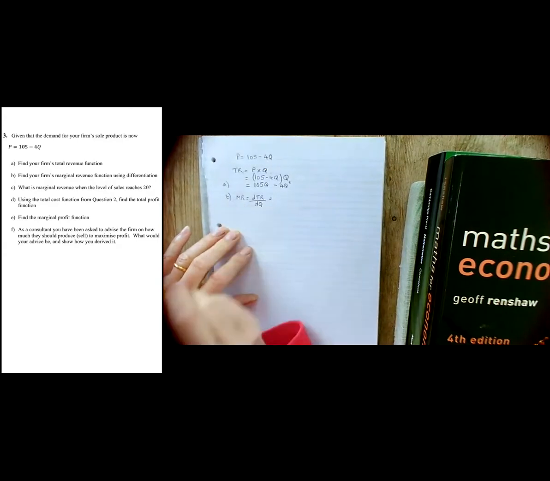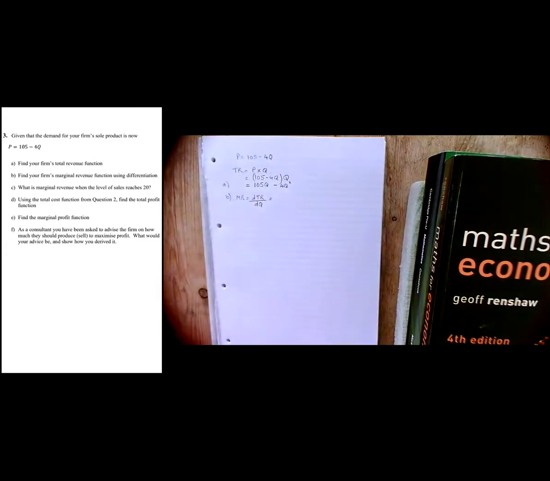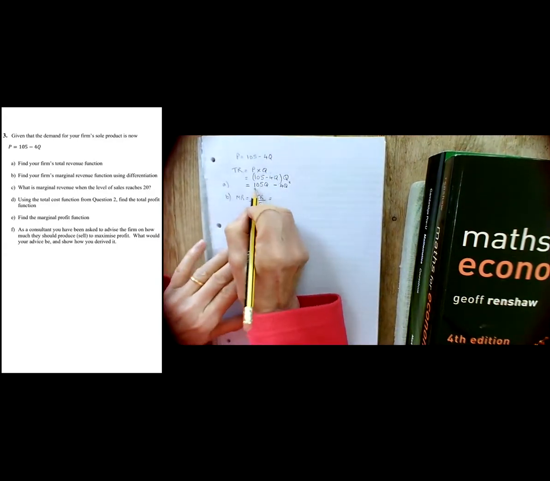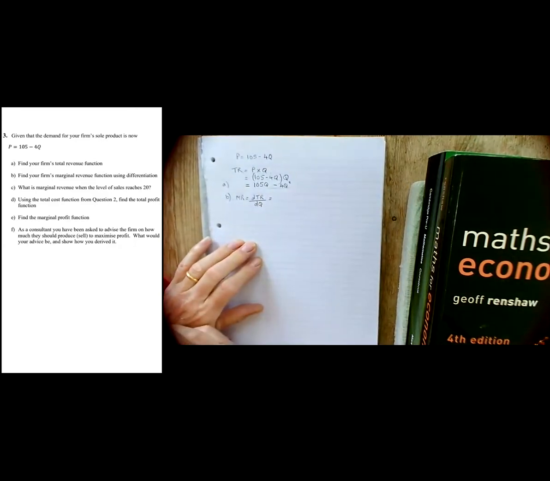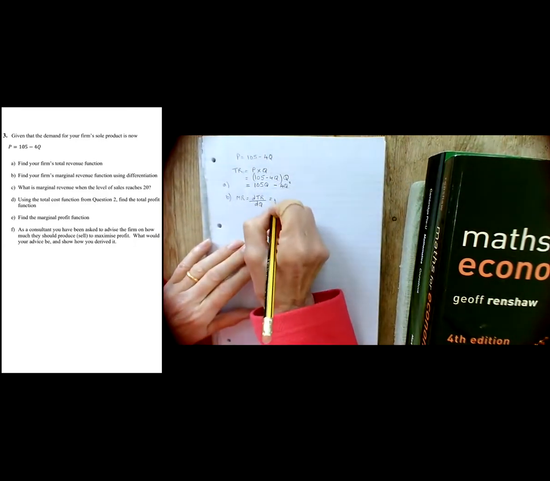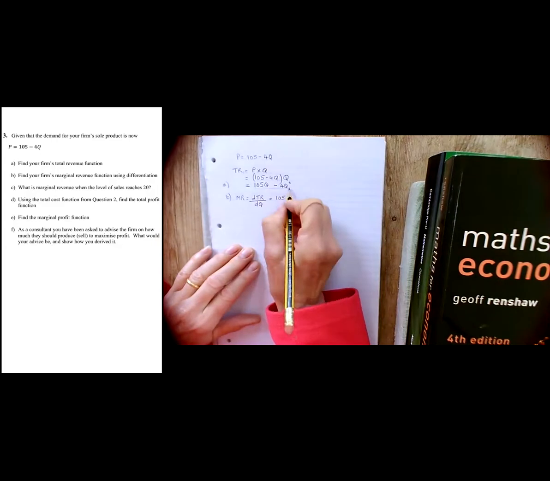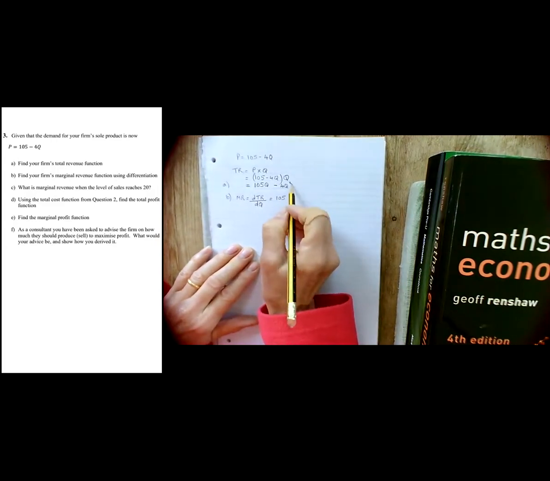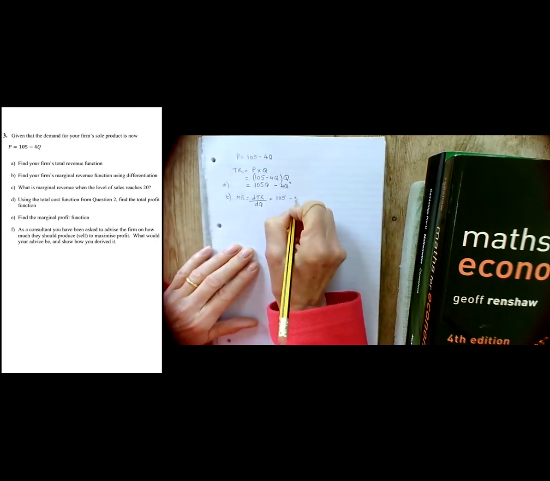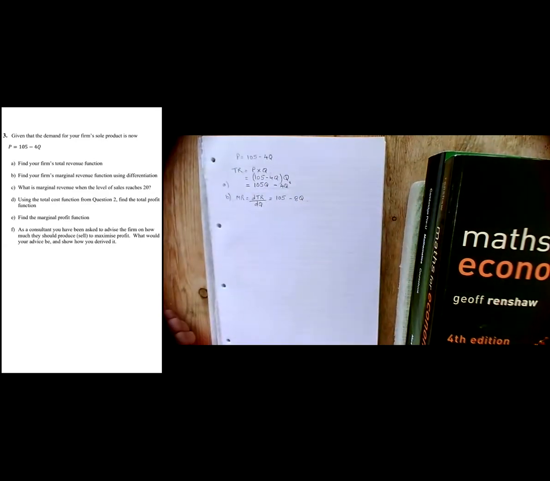Remember, whenever we're asked for a marginal function, we generally always differentiate. So the task is to differentiate that function. So that becomes 105. If there's just a single Q, the Q disappears. And here we're going to multiply the power by the number in front of the Q, reduce the power by 1, as we always do. And that's our marginal revenue.